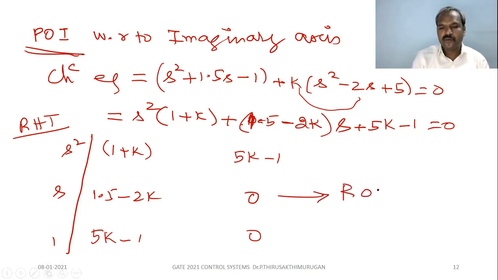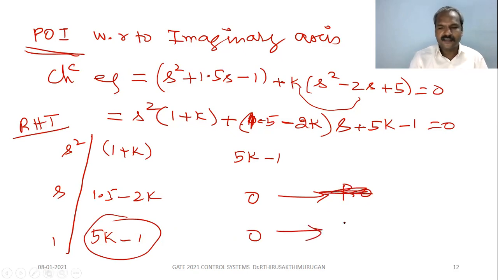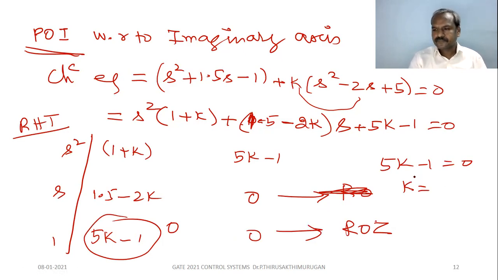We have to make the final row or the previous row a row of 0. Please read this. When we consider the row of 0, 5k minus 1 equal to 0. So k equal to how much? k equal to 0.75.